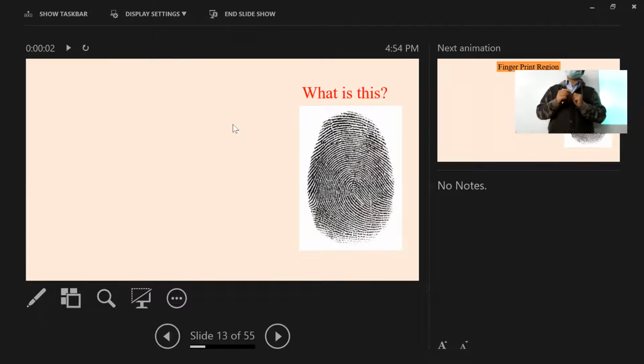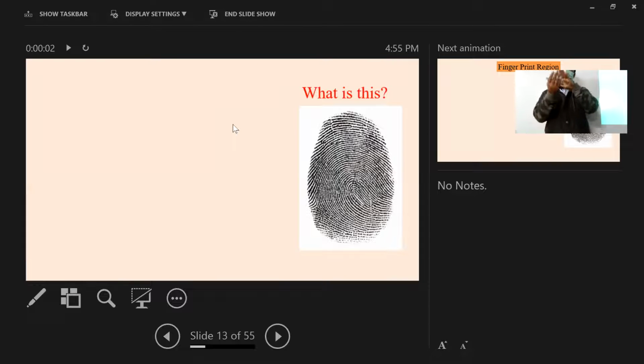So if we can understand the fingerprint of any molecule, then we can easily identify what the molecule is. So by using infrared spectroscopy, we can conclude which molecule it is. So today we will learn infrared spectroscopy that will give us an idea.